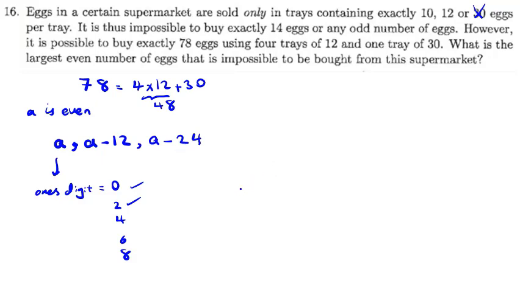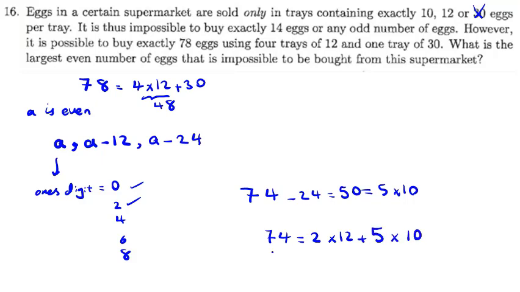For example, if you have 74, 74 minus 24 is 50, and 50 is 5 times 10. So 74 is 2 trays of 12 eggs and 5 trays of 10 eggs, and you can create it.